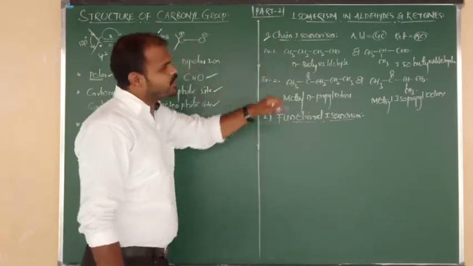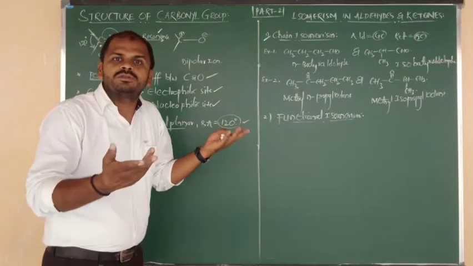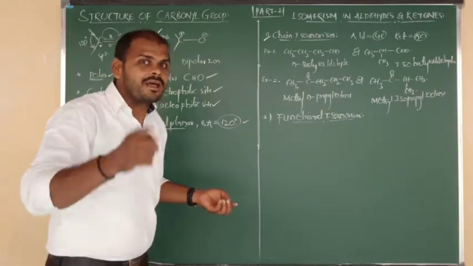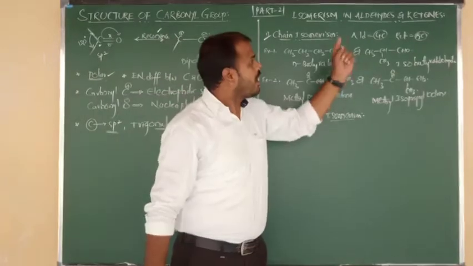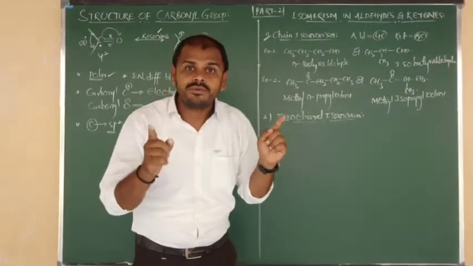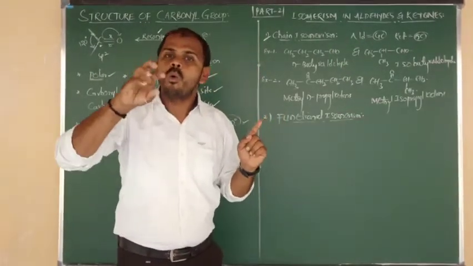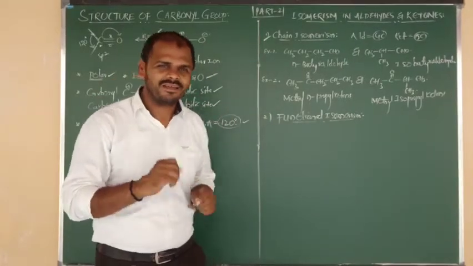But this topic is about aldehydes and ketones. Yes, both are functional isomers of each other. That's why in the last class I told you aldehydes and ketones have the common formula CnH2nO. Yes or no beta? Good.